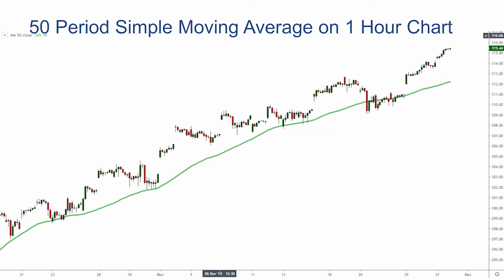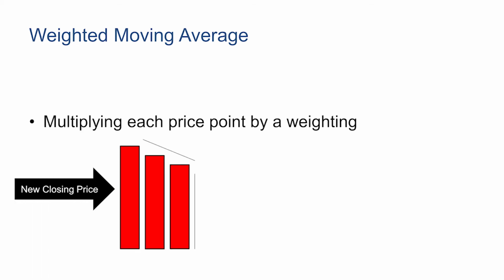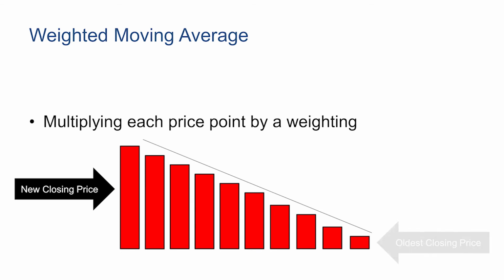So now this is where I want to move on and talk about the other types of moving averages. And this is where I want to talk about the weighted moving average. The weighted moving average is basically weighing each price point to a different weighting.